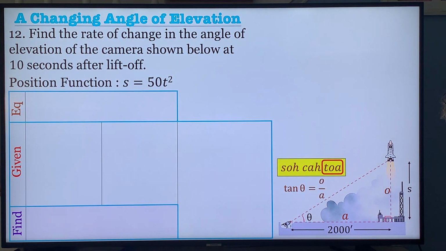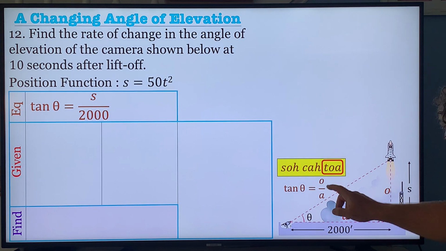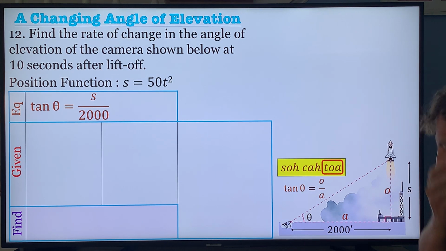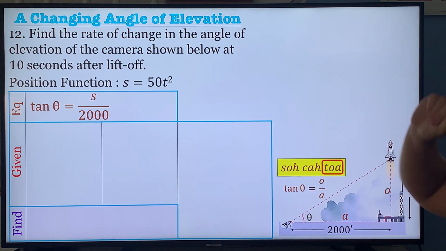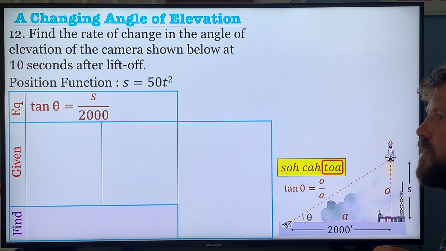So our formula is tan theta equals opposite over adjacent. Adjacent is 2,000. Opposite is S. So there's our equation. See, bring it back to geometry. If you're lucky enough to have me, guys like that. We were killed at this stuff.